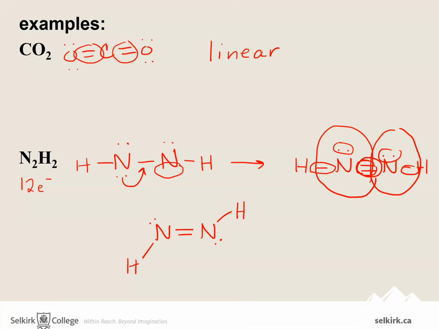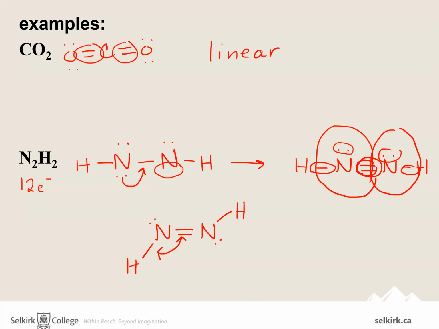Also, if I wanted you to tell me the bond angle, the instructions would have to say, tell me the bond angle. There's no routine I'm trying to get you to do just when I show you a molecular formula. So if I asked you for the bond angle here, what would you do?